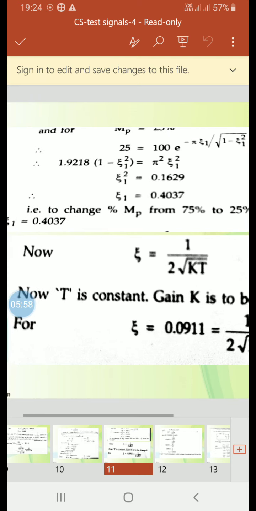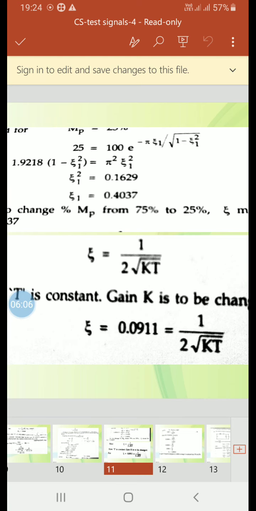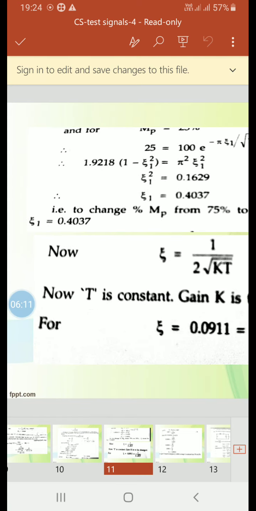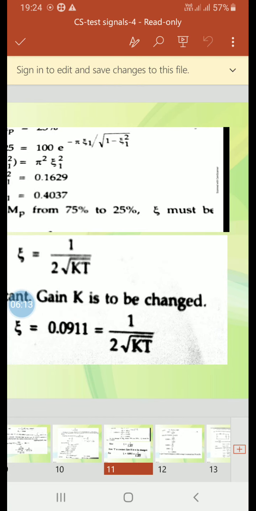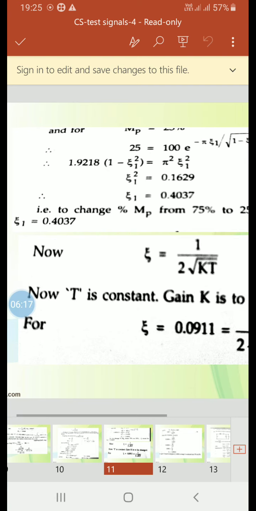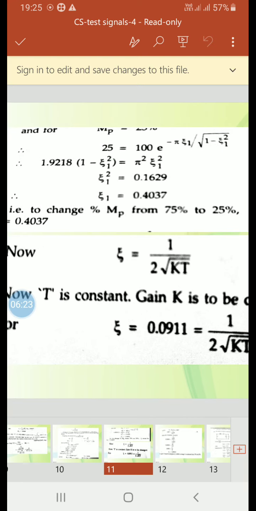Damping 1 is equal to 0.4037. That is, to change the percentage Mp from 75% to 25%, the damping ratio must be changed from 0.0911 to damping 1 equal to 0.4037.